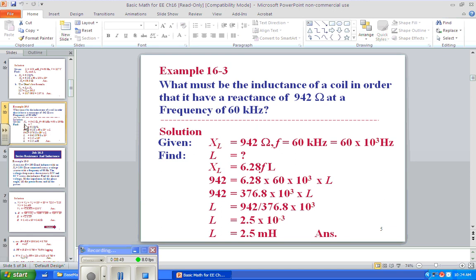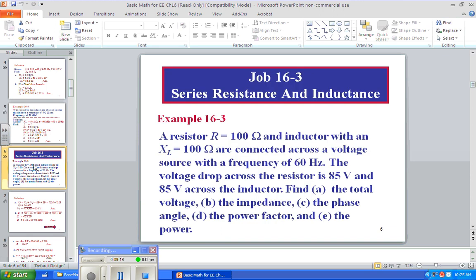So 942 is equal to 377 times L. What is L? Divide both sides by 377 and we find 942 divided by 377, and we're going to find 2.5. They rounded it, but 2.498 is much more accurate. Thank you very much.